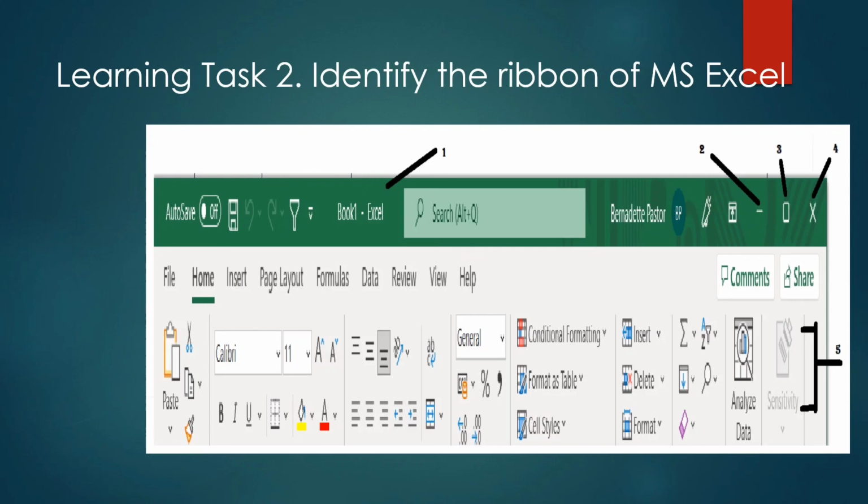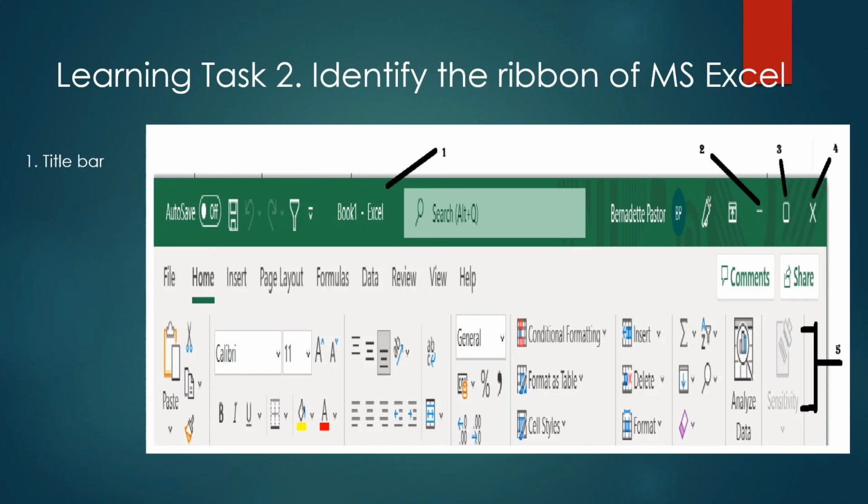I will give you a minute to think of your answer for this. For number 1, it is where the name of the application is located, and the name of the file if it is saved.